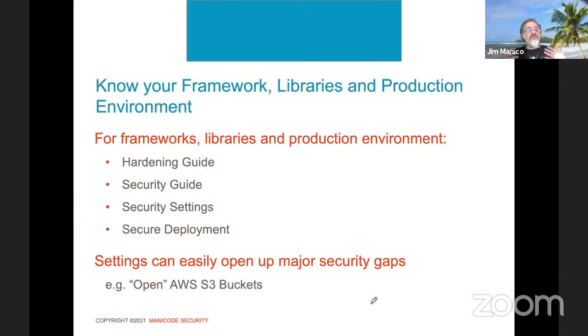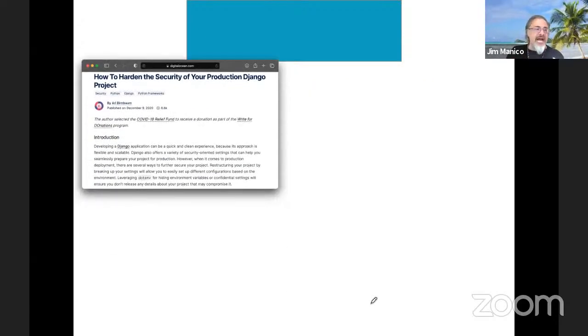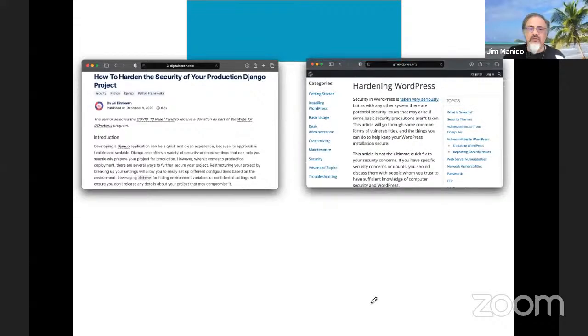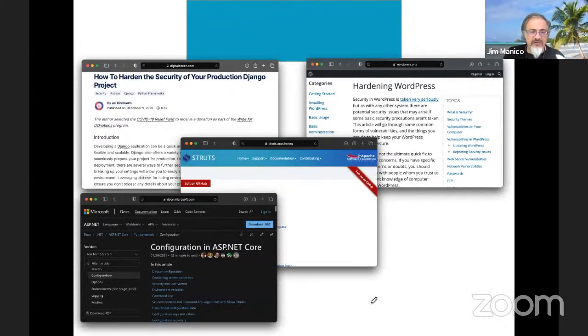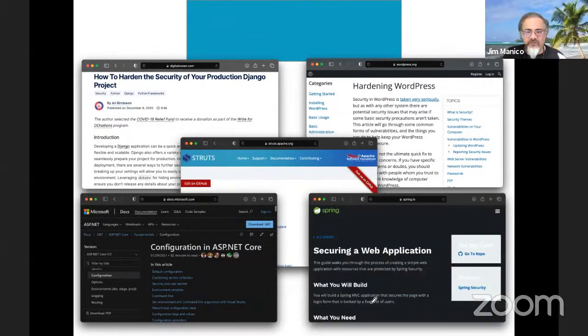So we want to find hardening guides and security guides for all of our components and follow them. Like there's hardening guides here for Django, for WordPress, for Struts, for ASP.NET Core, for Spring. These guides are out there to help you configure your frameworks properly. As a start, you should be going through these.